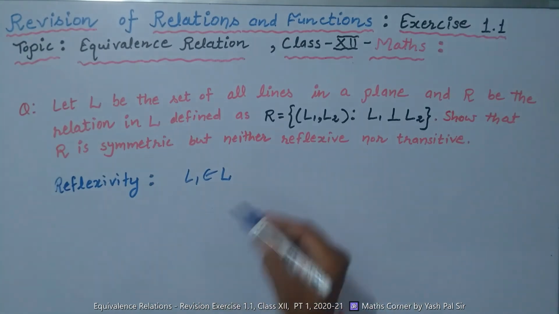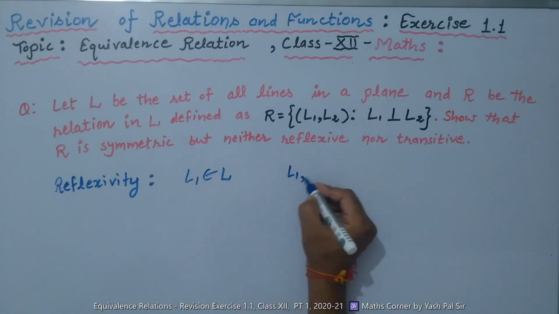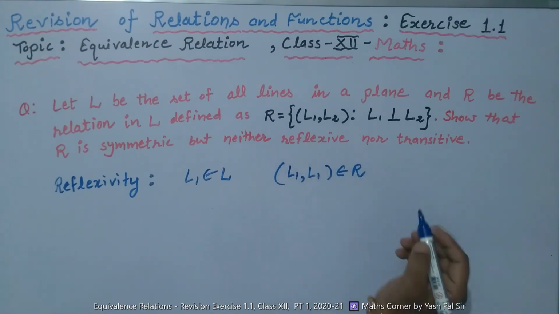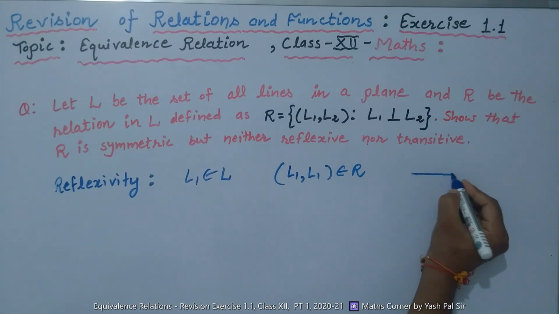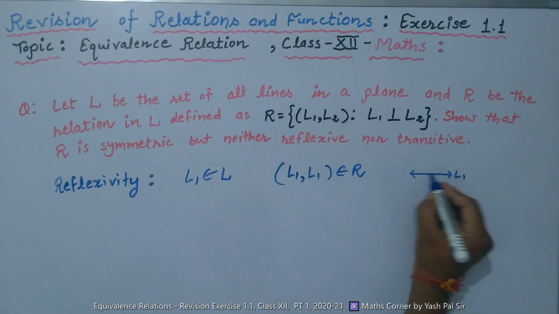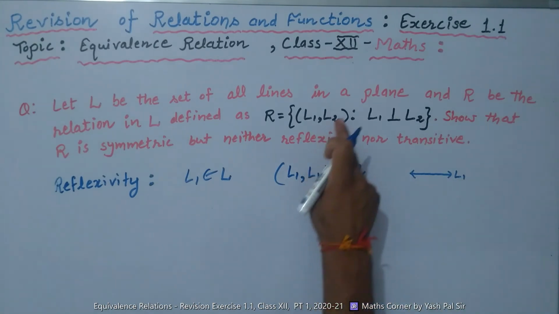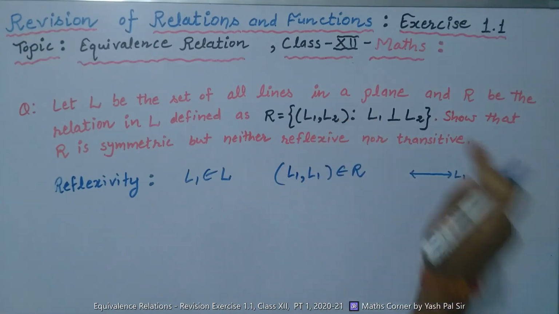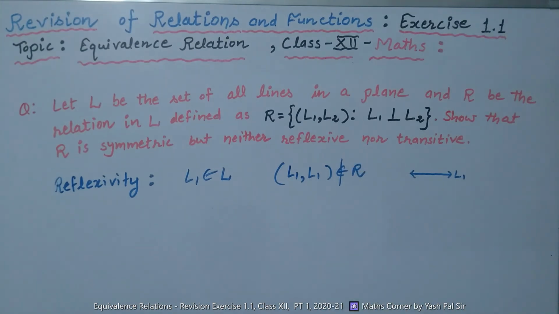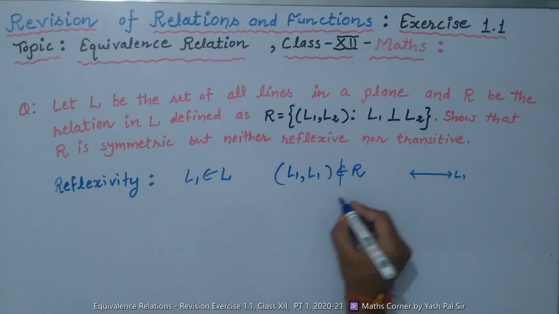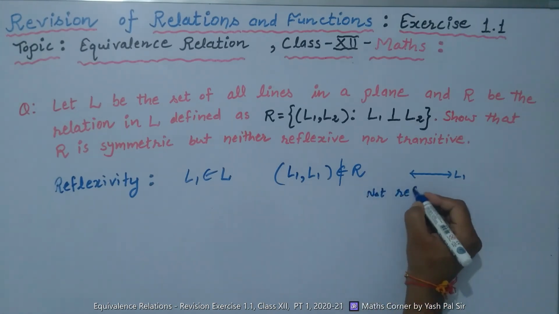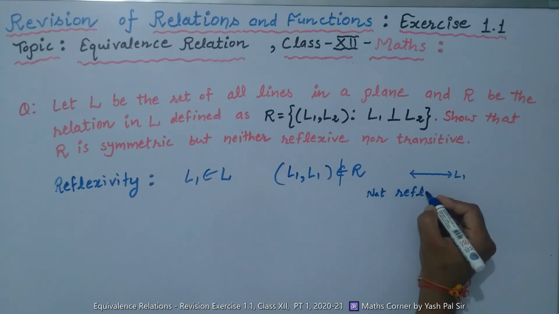So what we know, (L1, L1) does not belong to R, because if this is line L1, then line L1 can never be perpendicular to itself. So this does not belong to the given relation R. So we say not reflexive.